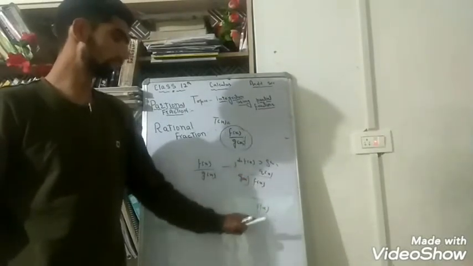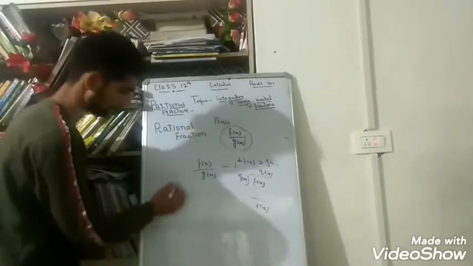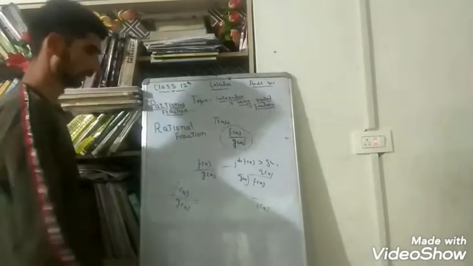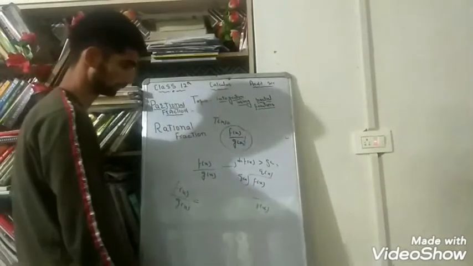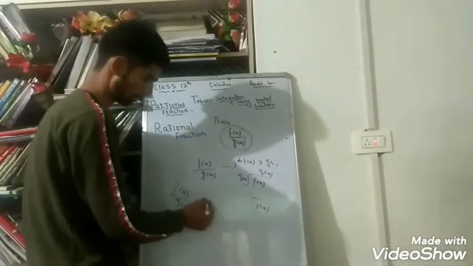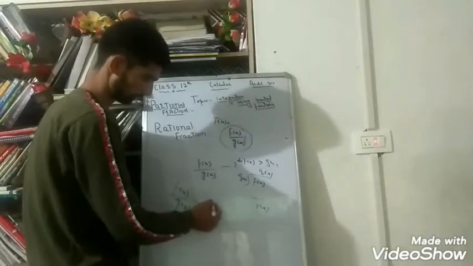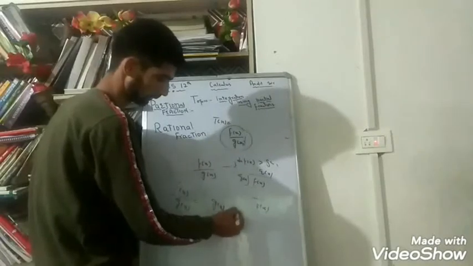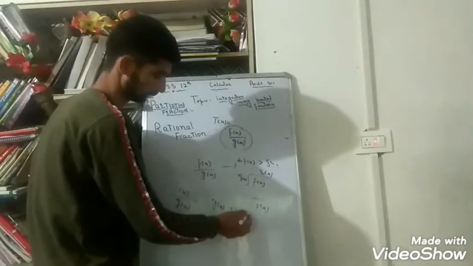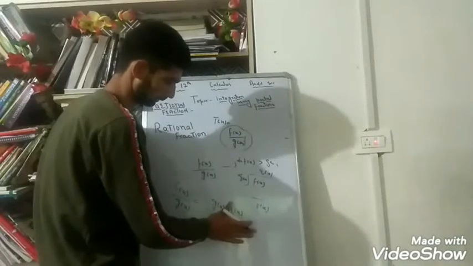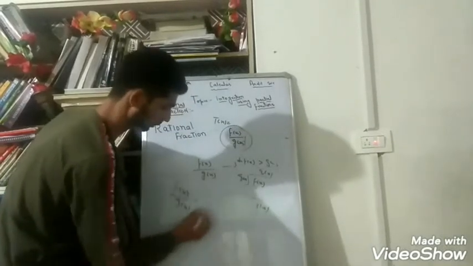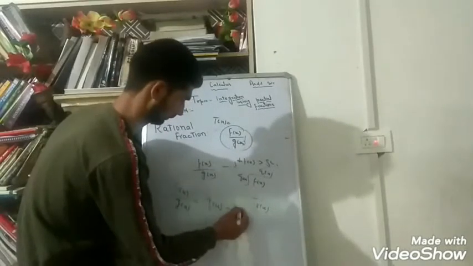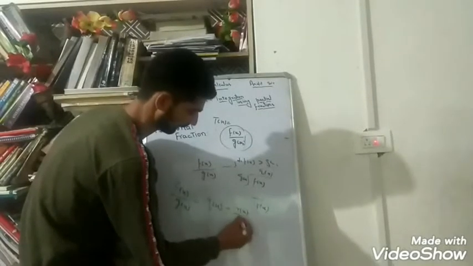So we can write f(x) divided by g(x) equal to q(x) plus r(x) divided by g(x).